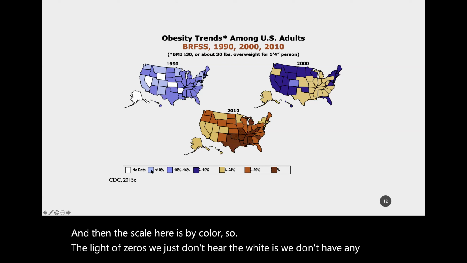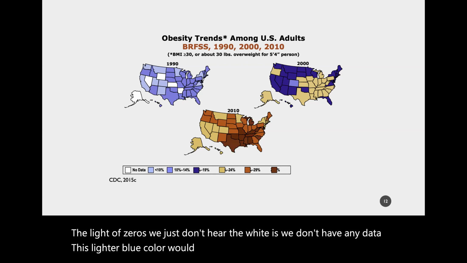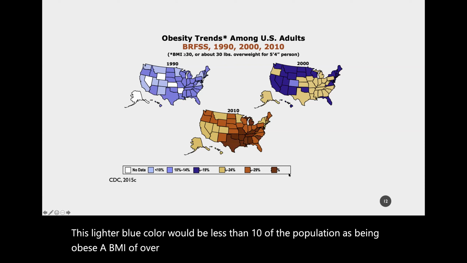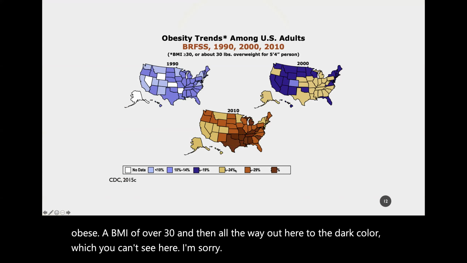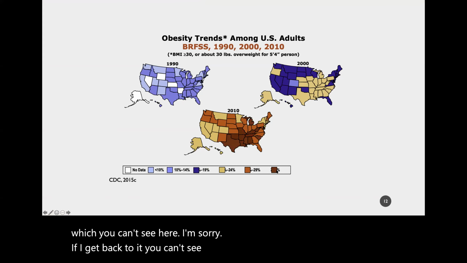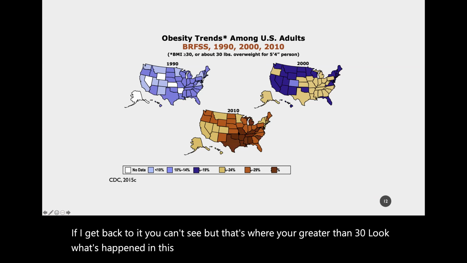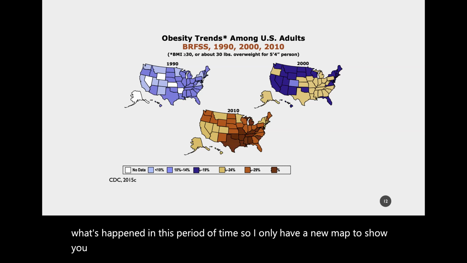This lighter blue color would be less than 10% of the population as being obese, a BMI of over 30. And then all the way out here to the dark color, which you can't see here. Oh, I'm sorry. See if I can get back to it. Yeah, you can't see, but that's where you're greater than 30%. Look what's happened in this period of time. So I don't have a new map to show you for 2020, but just follow the same concept.